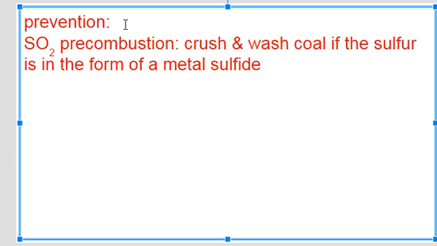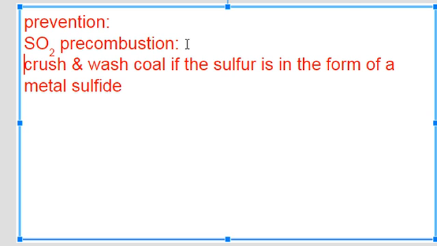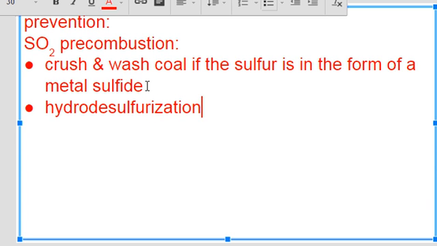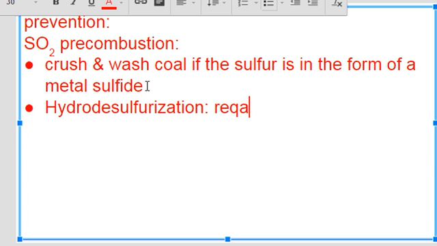Another pre-combustion method is something called hydrodesulfurization, and it's kind of what it sounds like. Let me just separate these here. So the other one is hydrodesulfurization. Do I have that right? Desulfurization. And again, you react the sulfur with hydrogen.